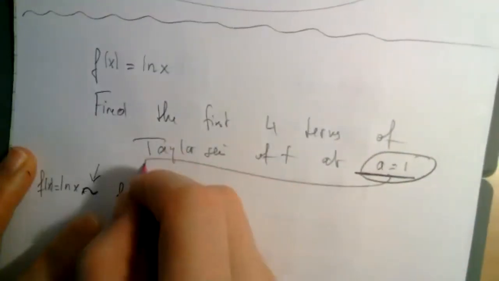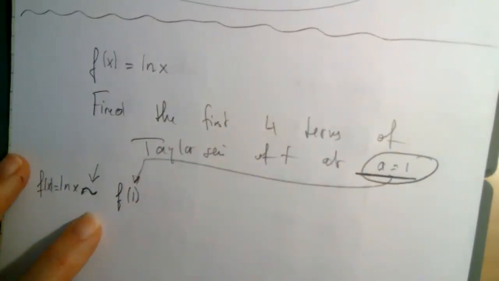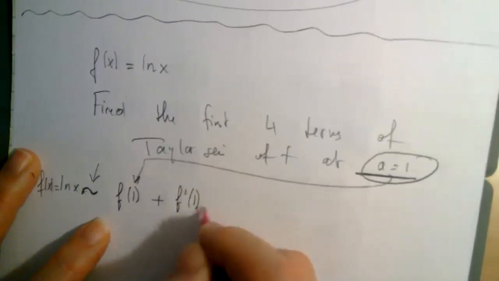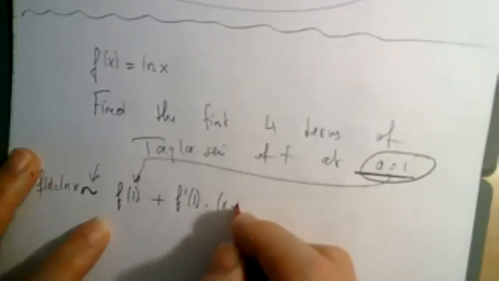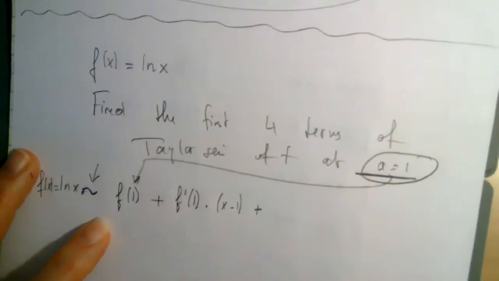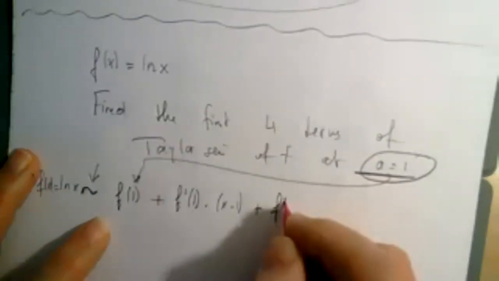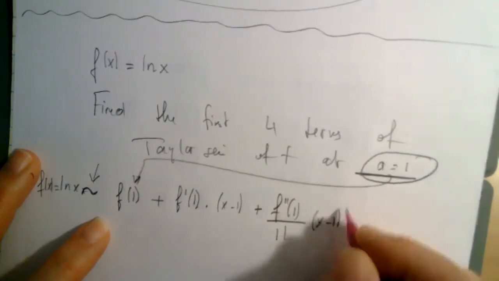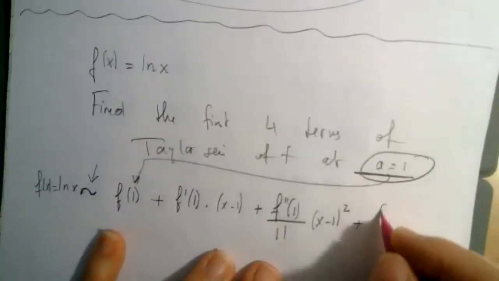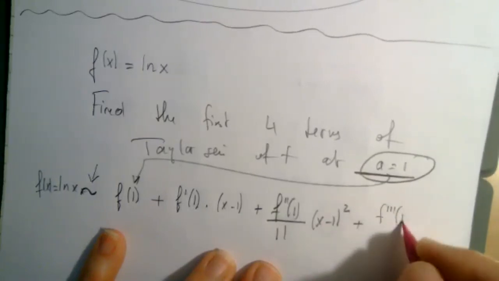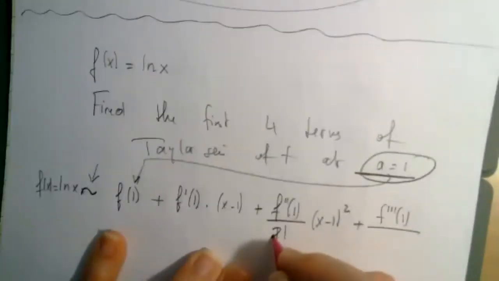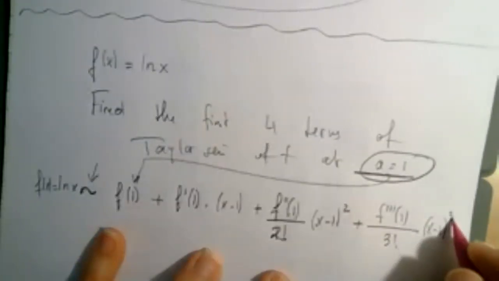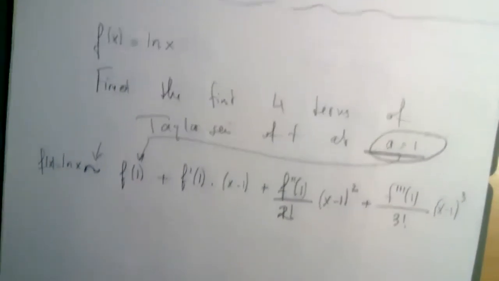A equal to 1, it means I have to express things at 1, plus f prime at 1 times (x minus 1), plus f double prime at 1 over 2 factorial times (x minus 1) squared, plus f triple prime at 1 over 3 factorial times (x minus 1) to the power 3. So only those terms, okay?